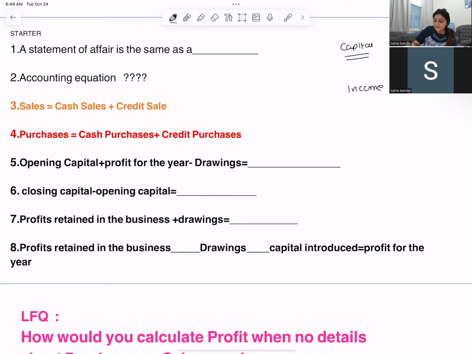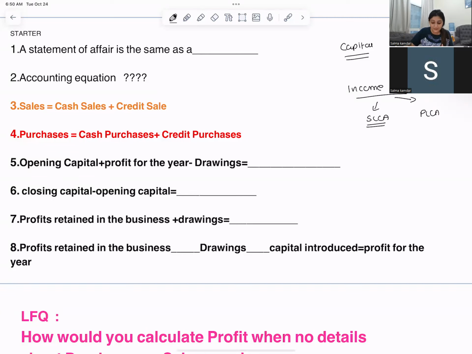In the income statement, when they ask you to find out profit, they will not give you purchases and sales directly. You will have to find out the sales by preparing an SLCA account, and you will have to find out purchases by preparing a PLCA account.